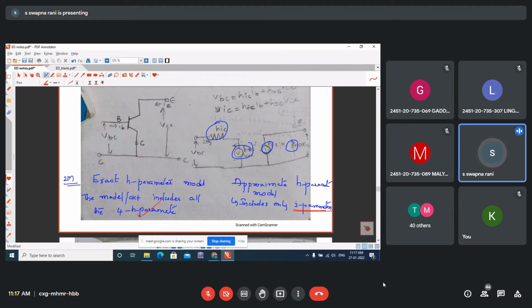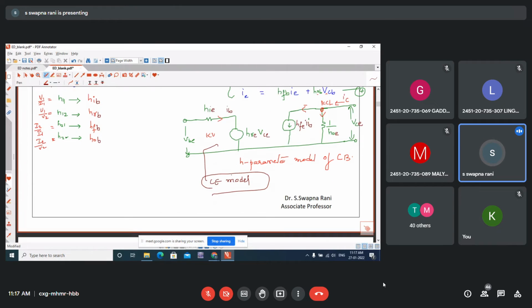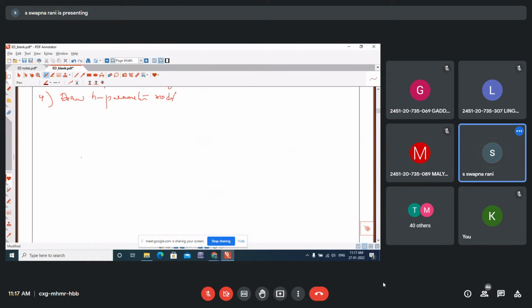So this won't be there and this won't be there in the approximate model. Only these two will be left. So this is the approximate model. Whatever we are right now discussing, this circuit, is called the exact H parameter model.